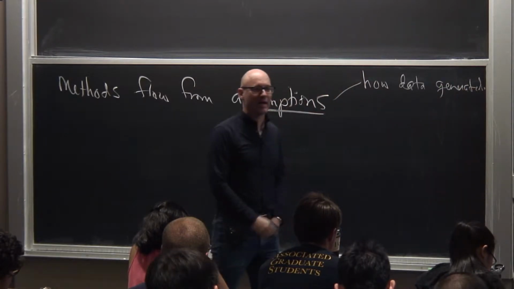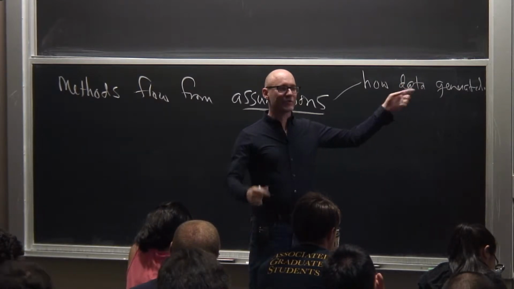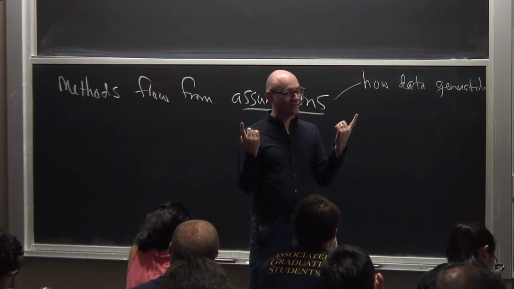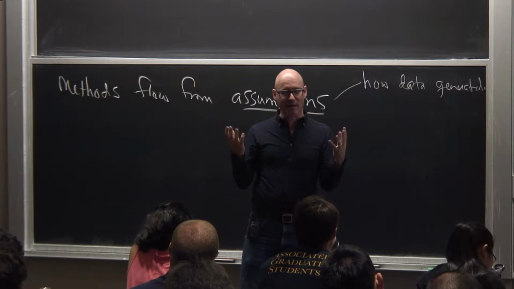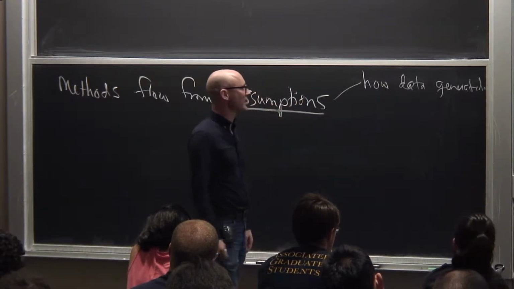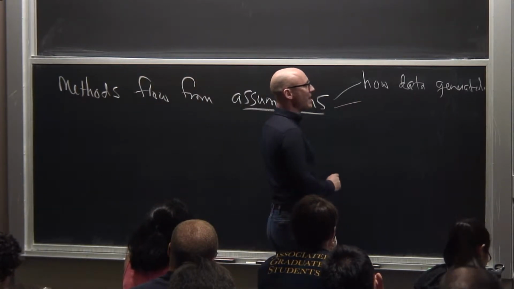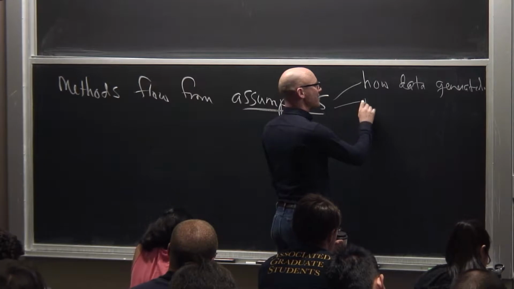Sorry, I won't be grammatical on the board. How the data were generated, and for some of you that might be triggering the word likelihood function. We're going to come back to that. That will be the whole subject of the next lecture, more or less, the likelihood function. So you're going to make assumptions about how the data are generated. You're going to make assumptions about the physical model.